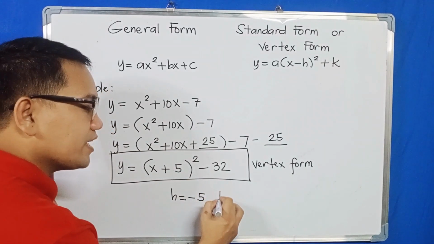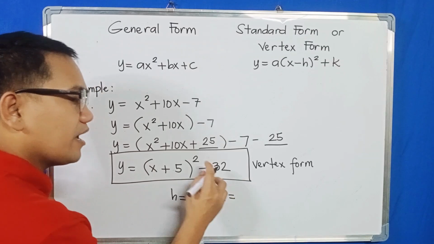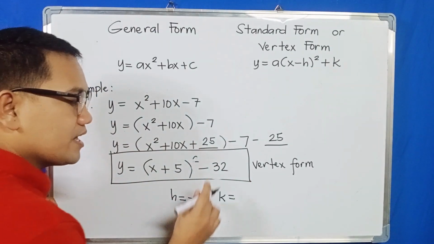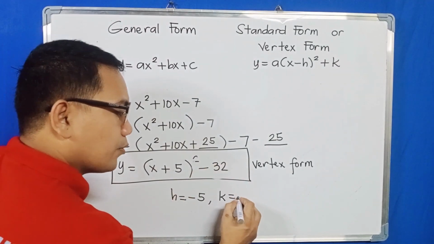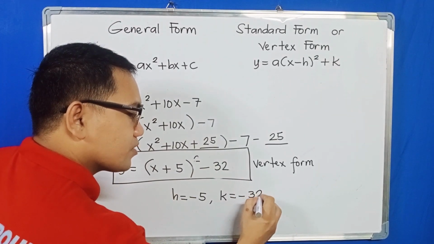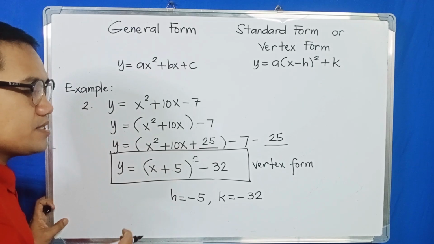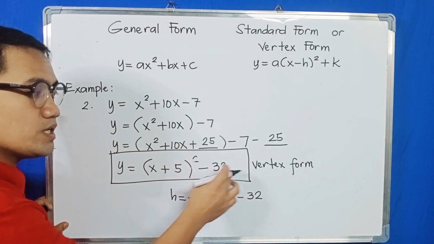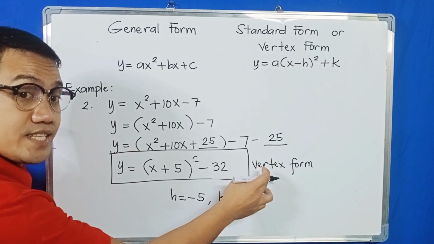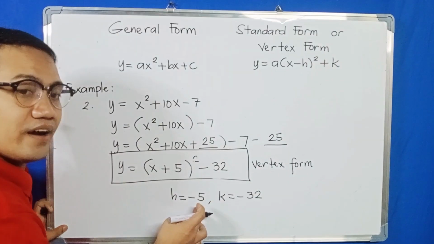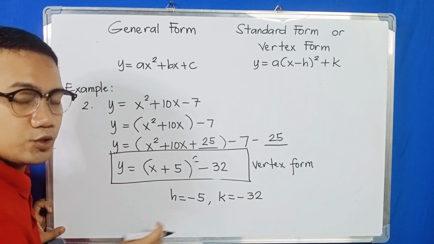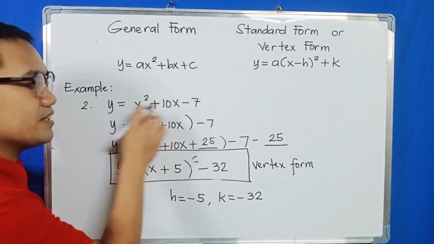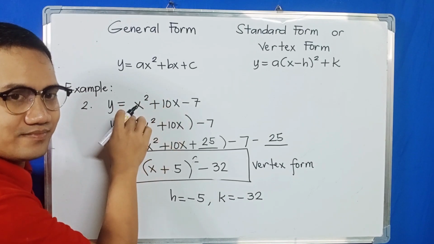While for our k, we will copy whatever constant is present outside our square of a binomial. That is negative 32. So our k is negative 32. This means y is equal to the quantity x plus 5 squared minus 32 is the vertex form with vertex h equals negative 5 and k equals negative 32. This is the vertex form of our given quadratic function.